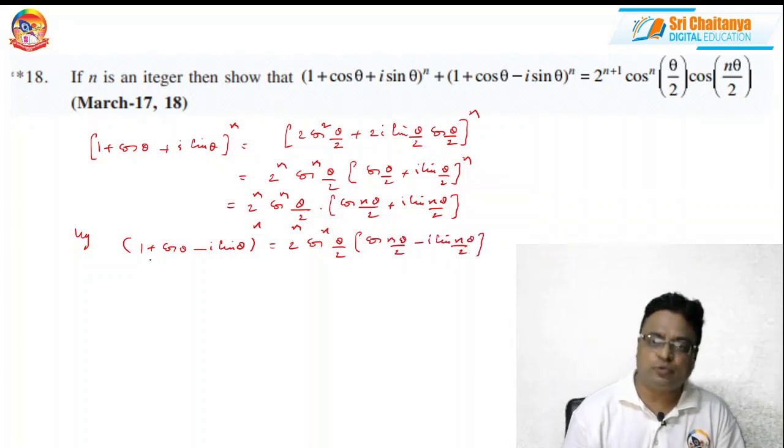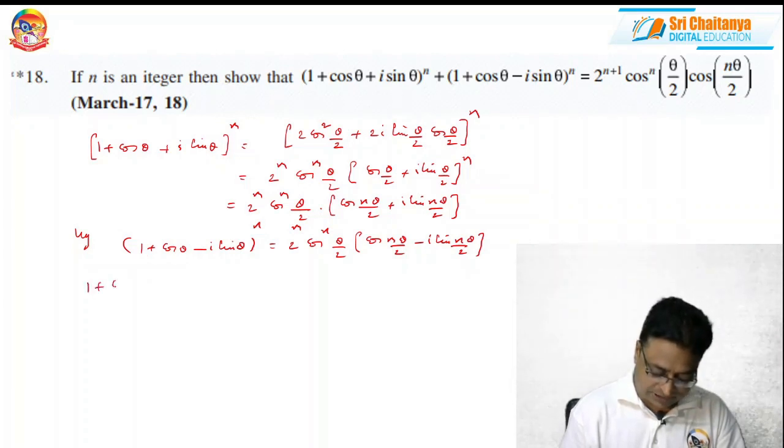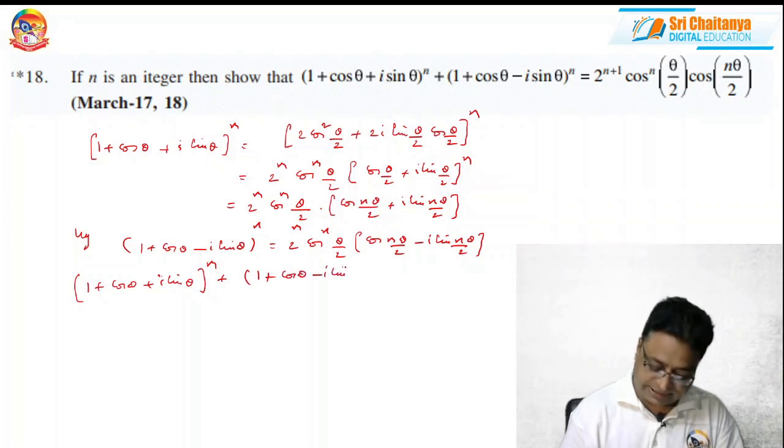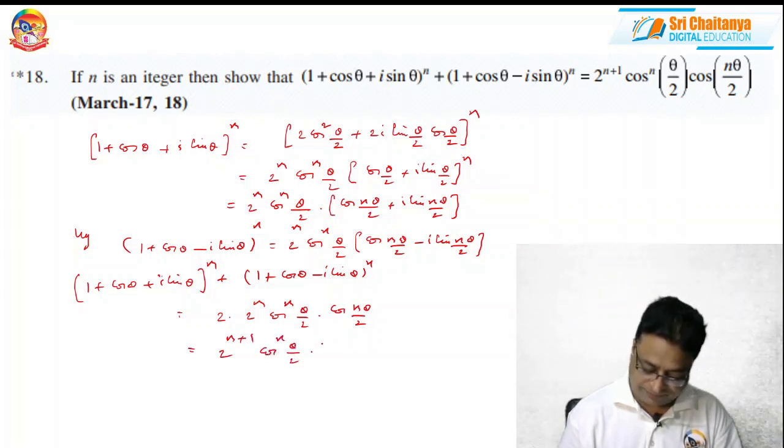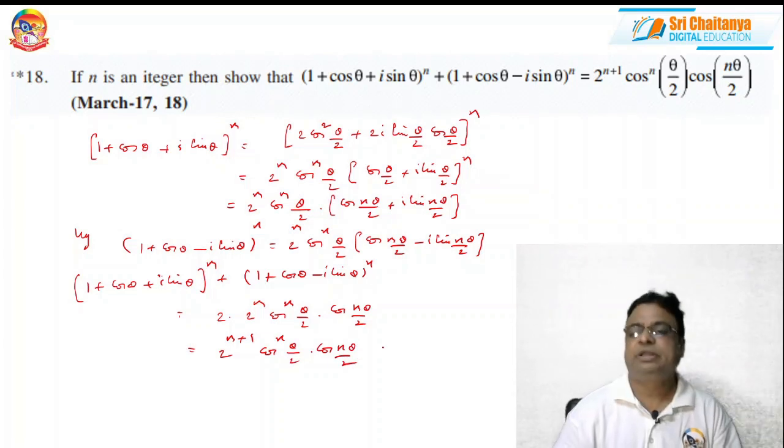By adding these two, I get (1 plus cos theta plus i sin theta) whole power n plus (1 plus cos theta minus i sin theta) whole power n is equal to 2 into 2 power n cos power n theta by 2 into cos n theta by 2. After simplification, I get this as 2 power n plus 1 cos power n theta by 2 cos of n theta by 2.